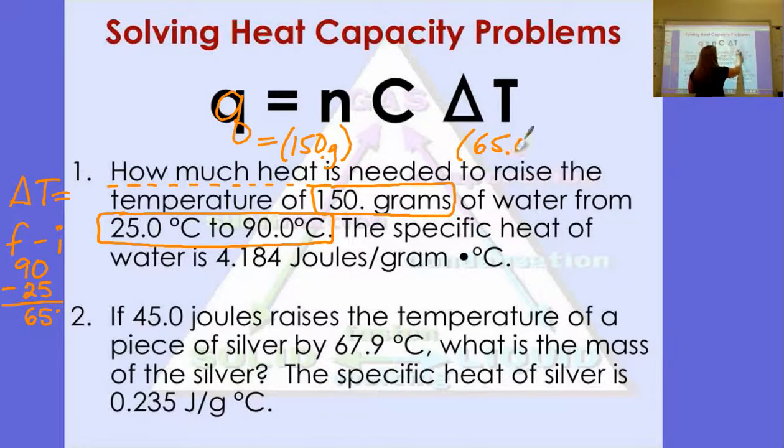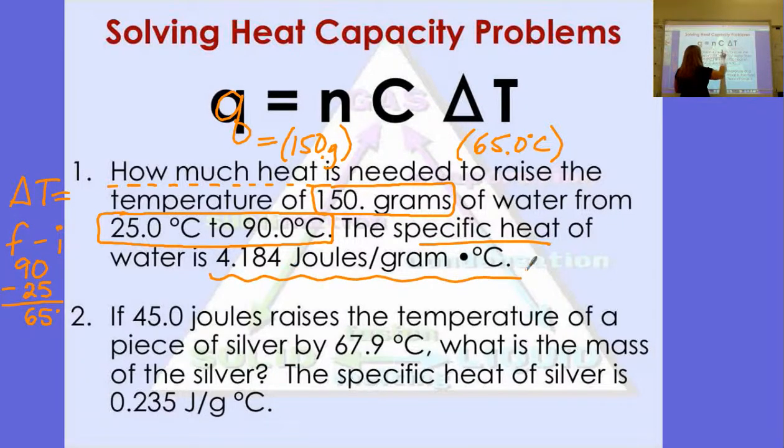So my delta T is 65.0 degrees Celsius. And now I need my C value. C stood for specific heat, which is given to me as 4.184 joules over gram times degrees Celsius. Again, watch your units cancel. Gram cancels with gram.